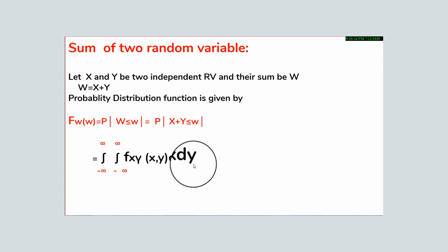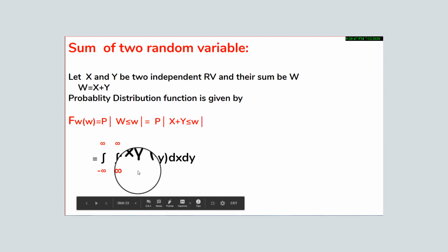In the previous one, if we were considering a single variable, we would have written integration f of x dx. If we take a single variable as y, I can write integration over the limits minus infinity to plus infinity f of y dy. Since it is two variables, I am writing dx and dy.